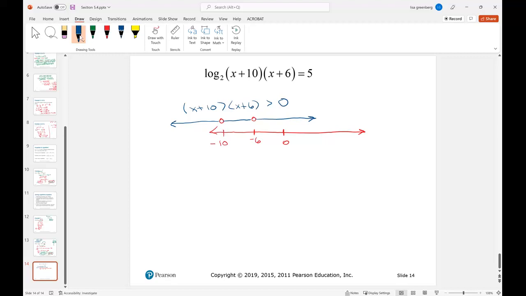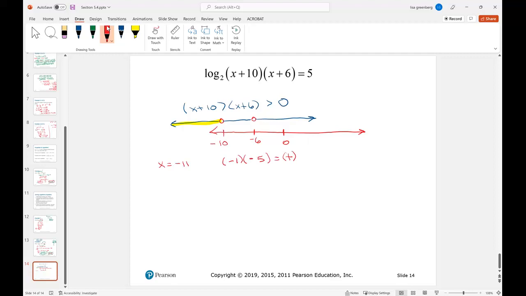So for example, when I'm over in this interval here, less than -10, I can plug in x equals -11, right? When x equals -11, I get -1 times -5, which is equal to a +5.